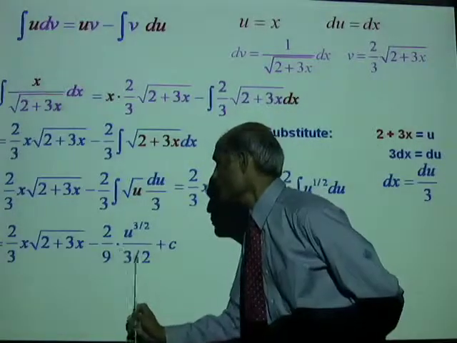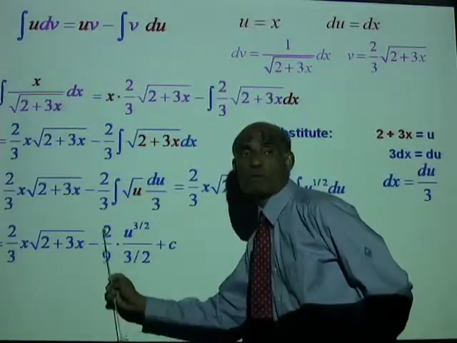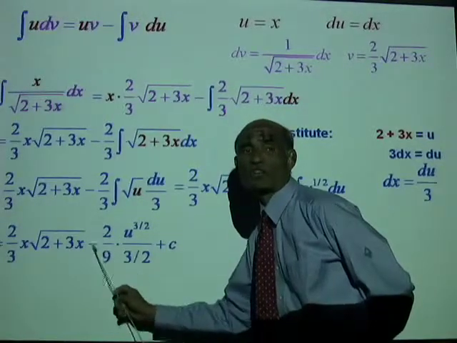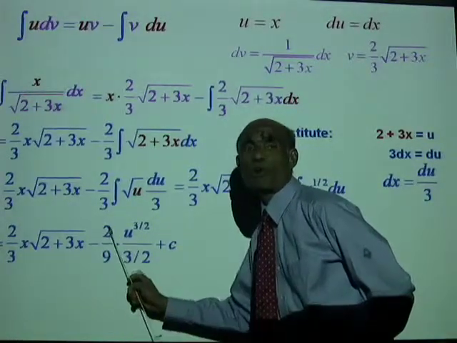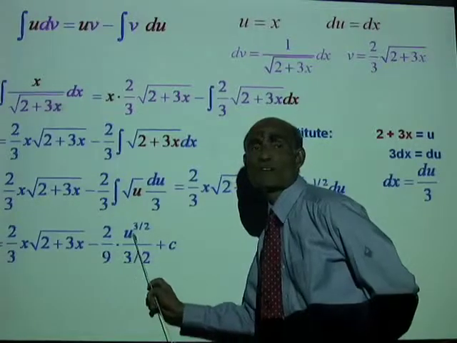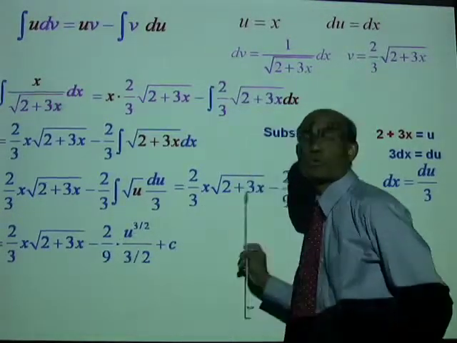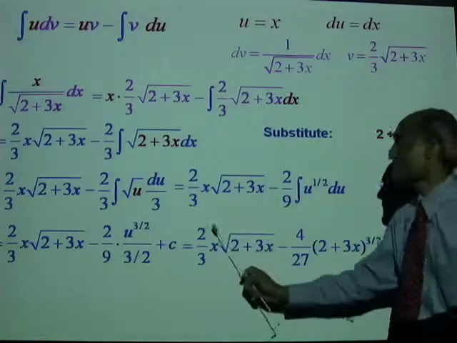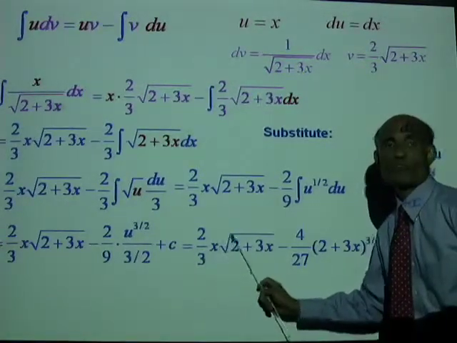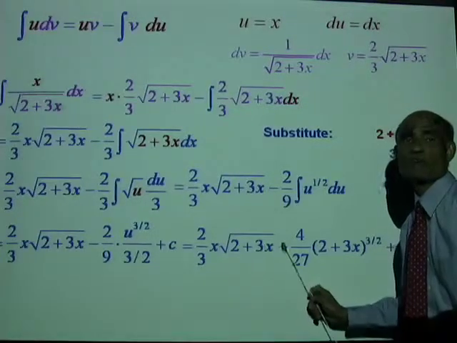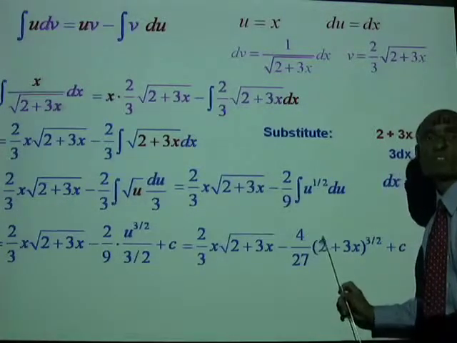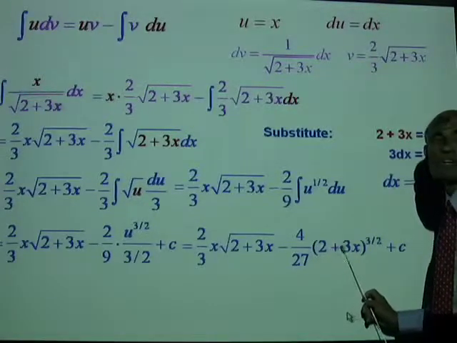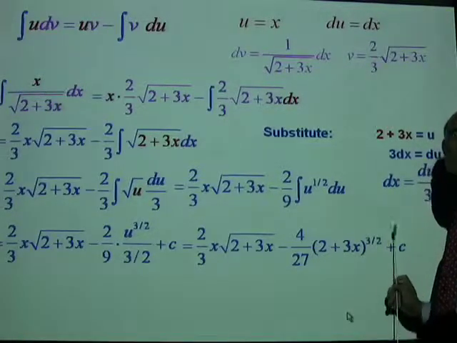And combine this. This 2 will go up, will make it 4, and this 3 will multiply with 9. So the number here will be 4 over 27, and replacing your u with 2 plus 3x, you have 2/3 x square root 2 plus 3x minus 4 over 27 2 plus 3x to the power of 3 over 2 plus c.